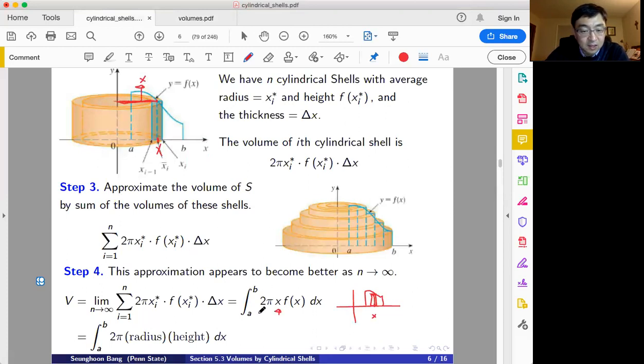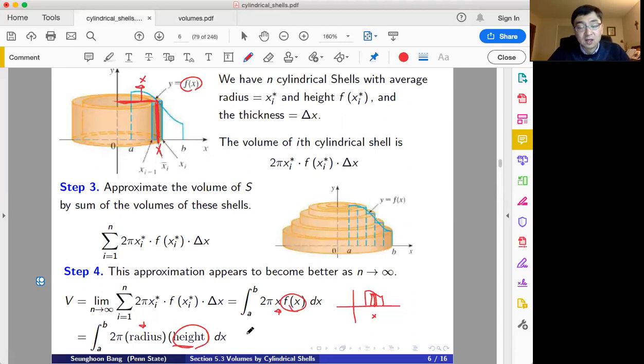The length x is the radius, and f of x is the height of the cylinder. This is the best way: you can memorize the integral from a to b of 2 pi times radius times height. This is the whole idea for solving this kind of problem.